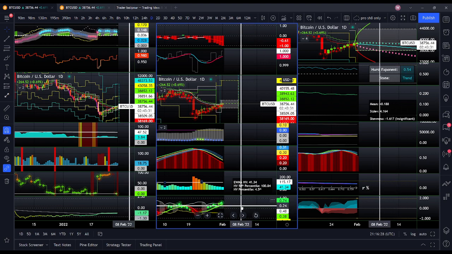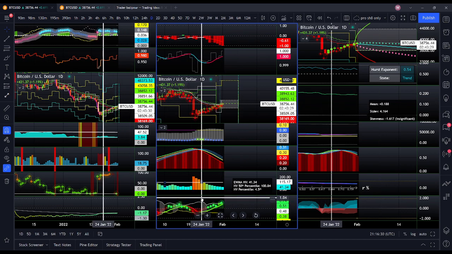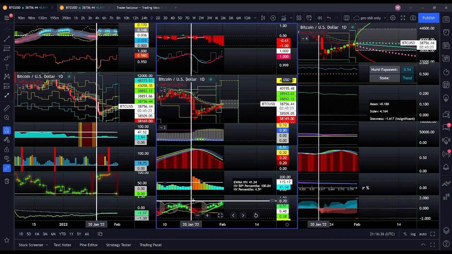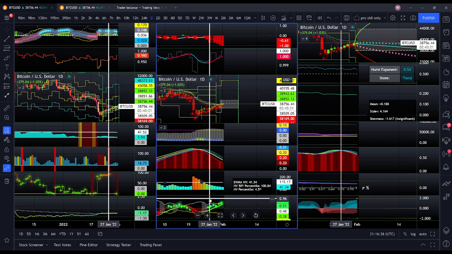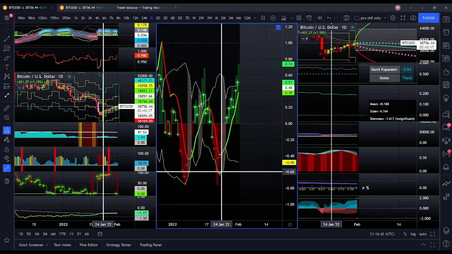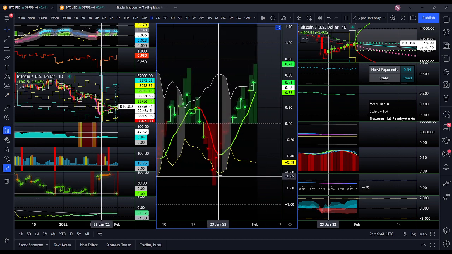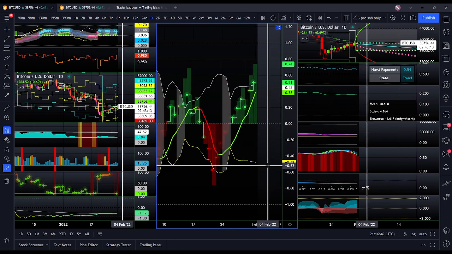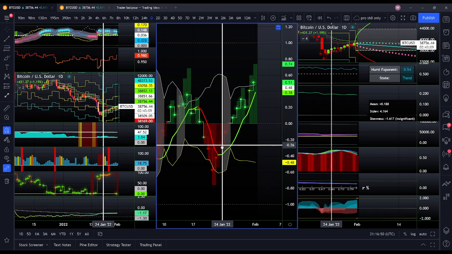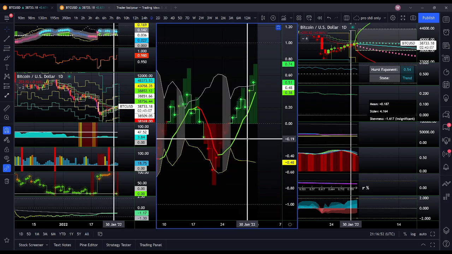So this will kind of tell you when returns are positive and when returns are negative. So you can see how returns went positive right here, but there is also a ZMA on there.